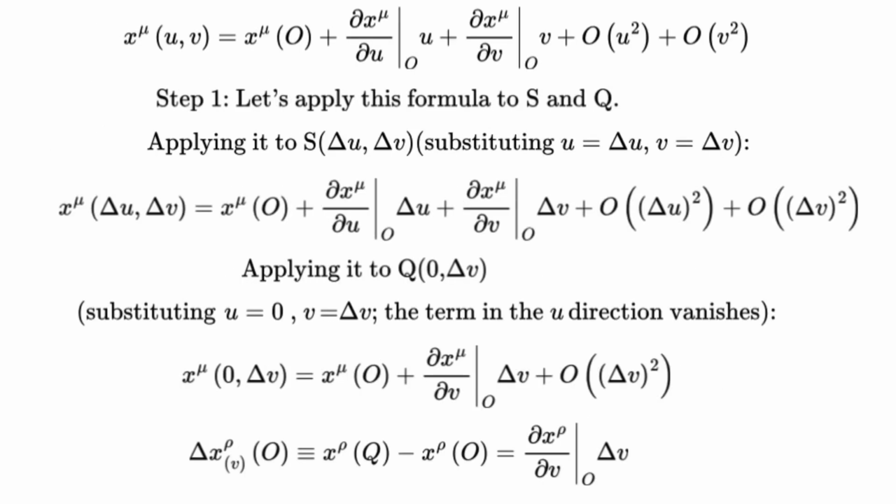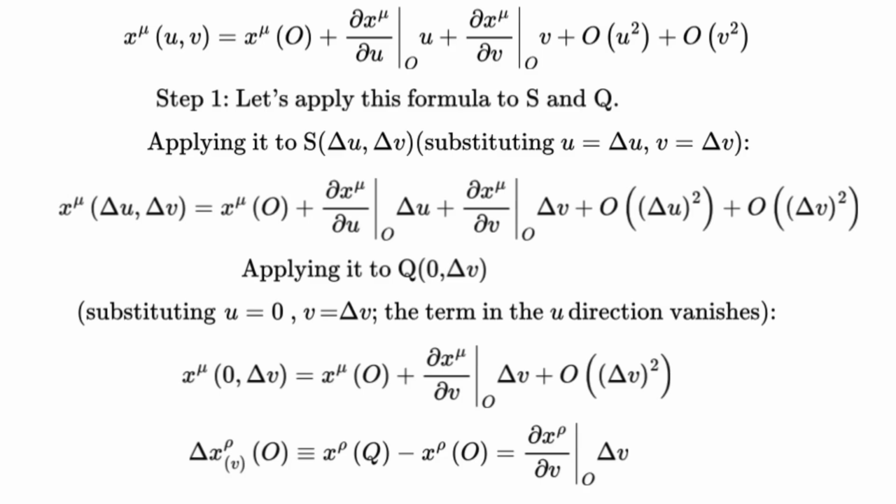Step 1. Let's apply this formula to S and Q. Applying it to S, (δU, δV), substituting U equals δU, V equals δV. Applying it to Q, (0, δV), substituting U equals 0, V equals δV.